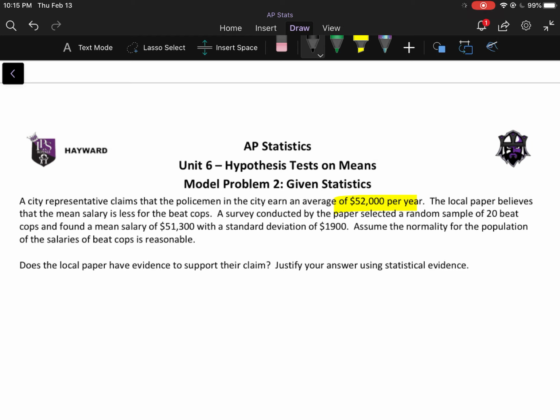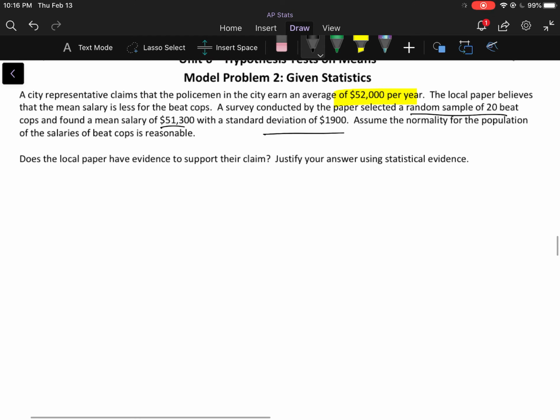A survey conducted by the paper selected a random sample of 20 beat cops and found a mean salary of $51,300 with a standard deviation of 1,900. Assumed normality for the population of salaries of beat cops is reasonable. Does the local paper have evidence to support their claim? Justify your answer using statistical evidence.